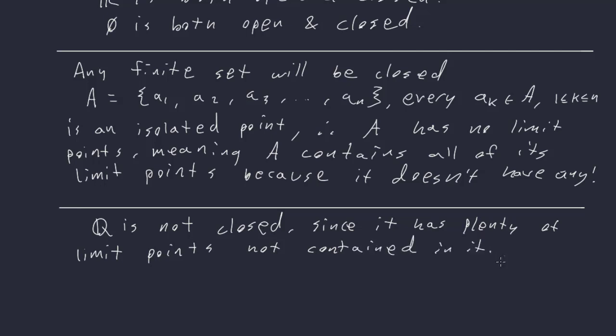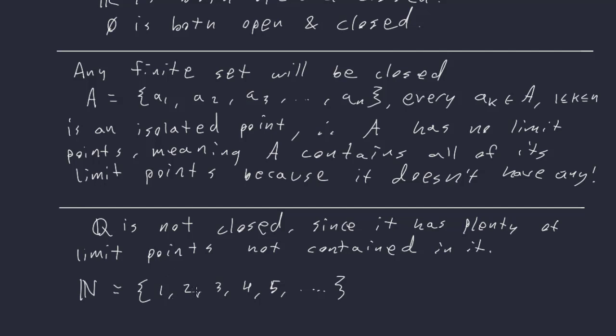Okay, but what about, say, the naturals? Well, the naturals have no limit points. There's no sequence in the naturals that converges other than ones that repeat themselves over and over again, right?